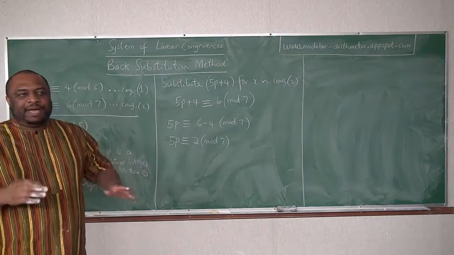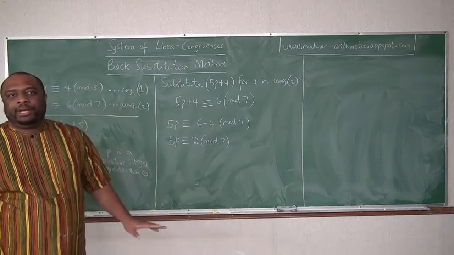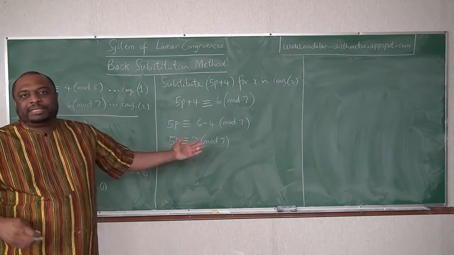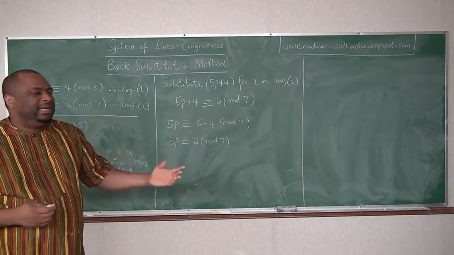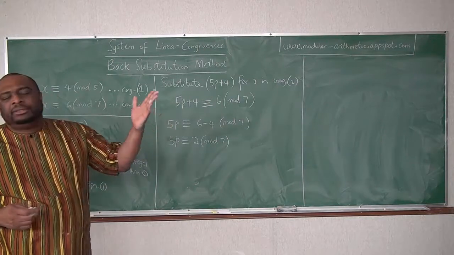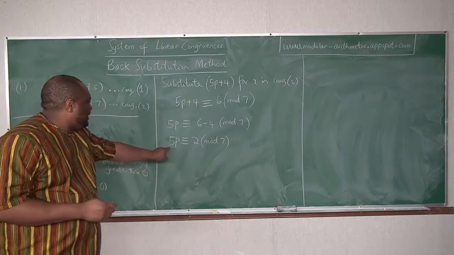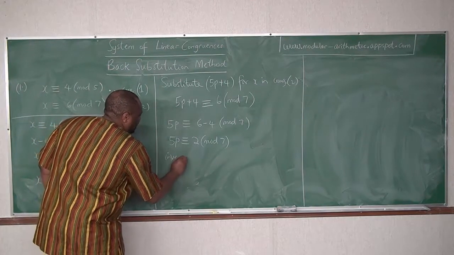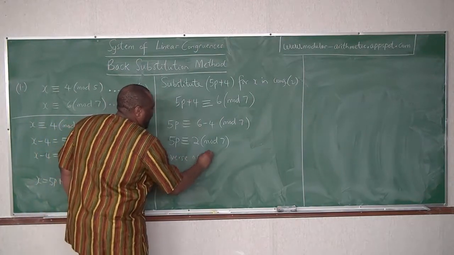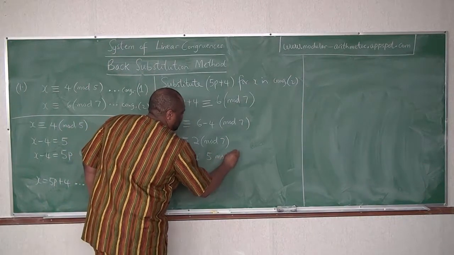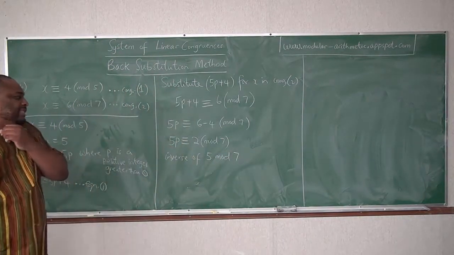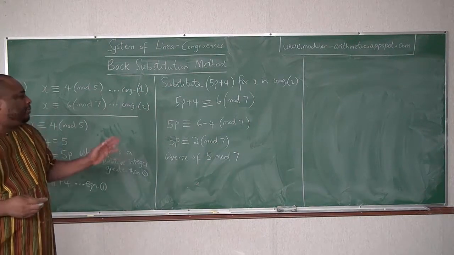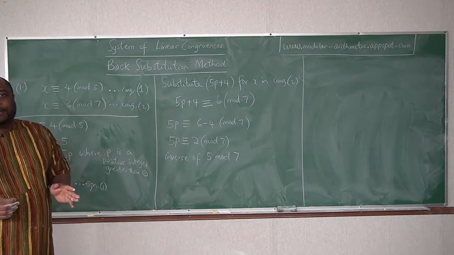Okay, we can't just divide both sides by 5, no way. So we will solve it now as linear congruence. Remember what we did? We find the inverse. So we now have to find the inverse of 5 mod 7. That is what we need to do, so we can multiply both sides by the inverse.